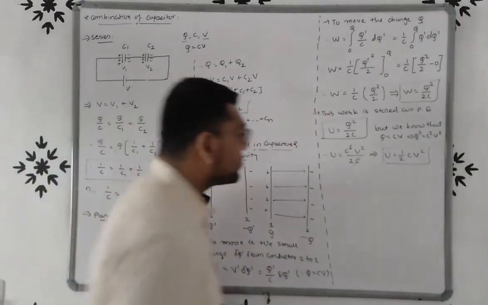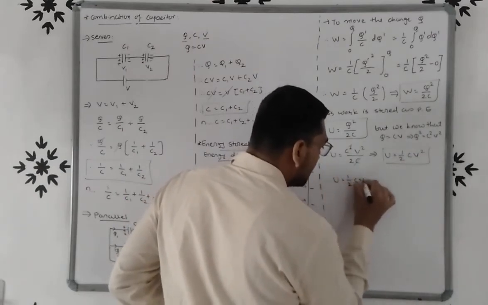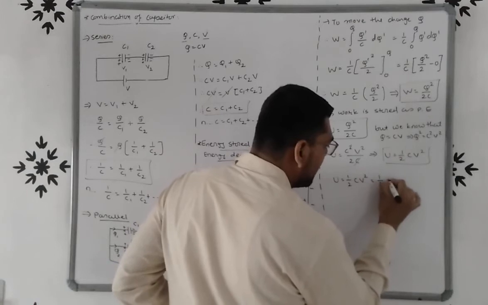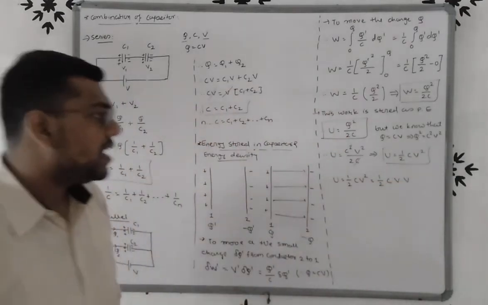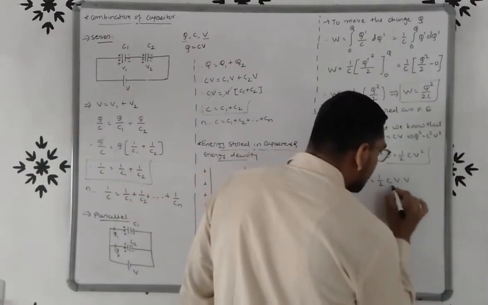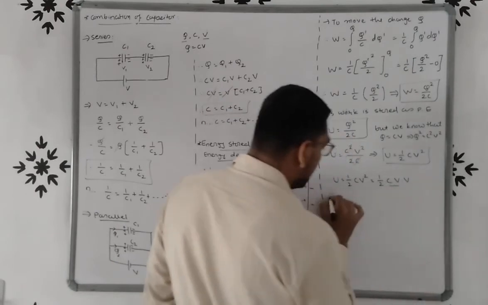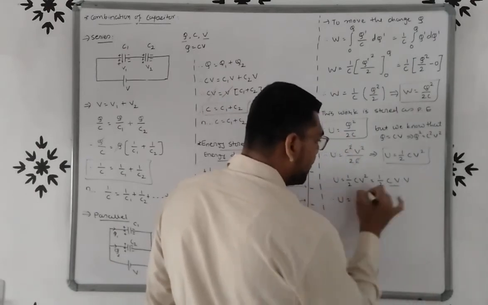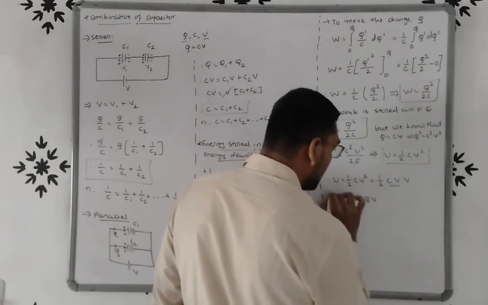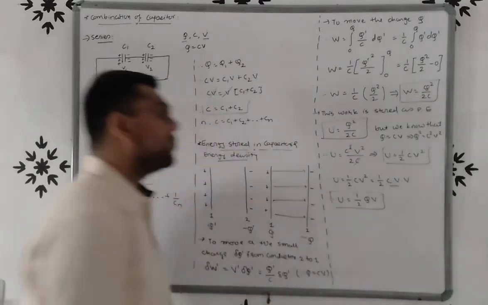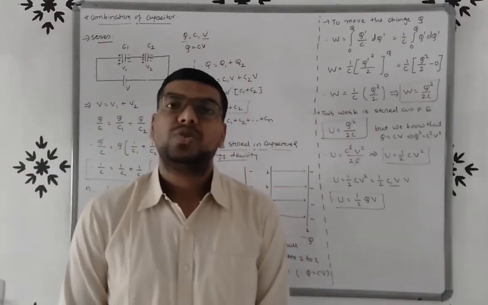But here U is equal to 1 by 2 CV square, or we can also write it like this: 1 by 2 C, instead of V square, V into V, right? Why? Because we know that this CV is equal to Q. So another formula is like this: U is equal to 1 by 2, instead of CV, Q, so Q into V. So there are a total of 3 formulas of energy stored in a capacitor.